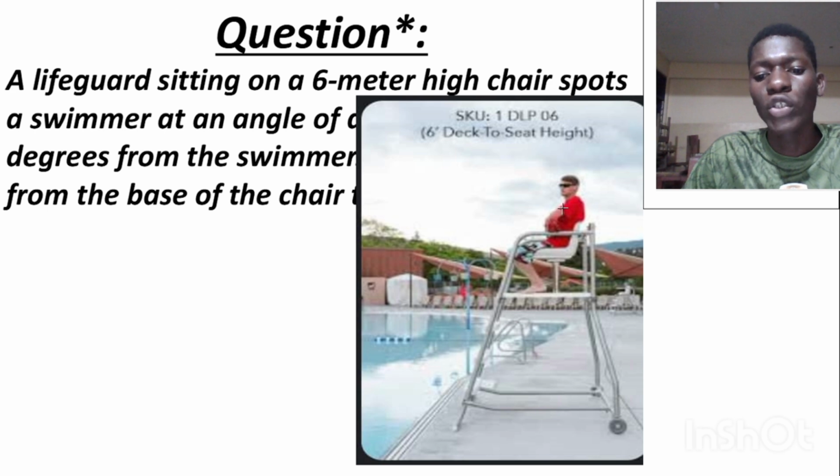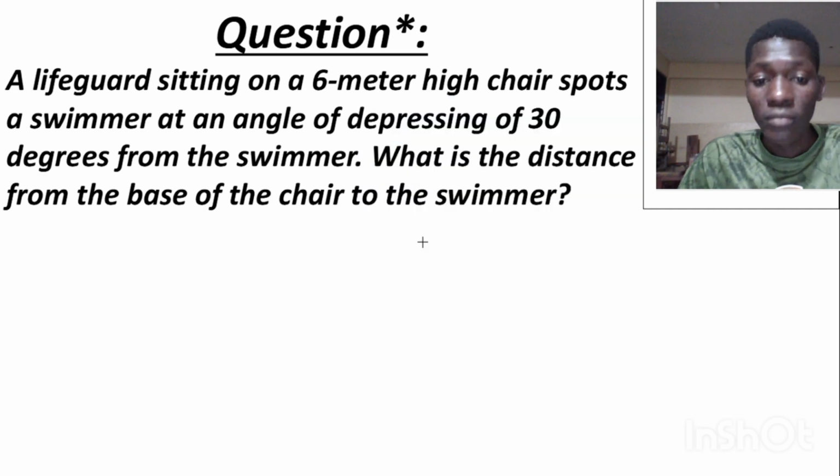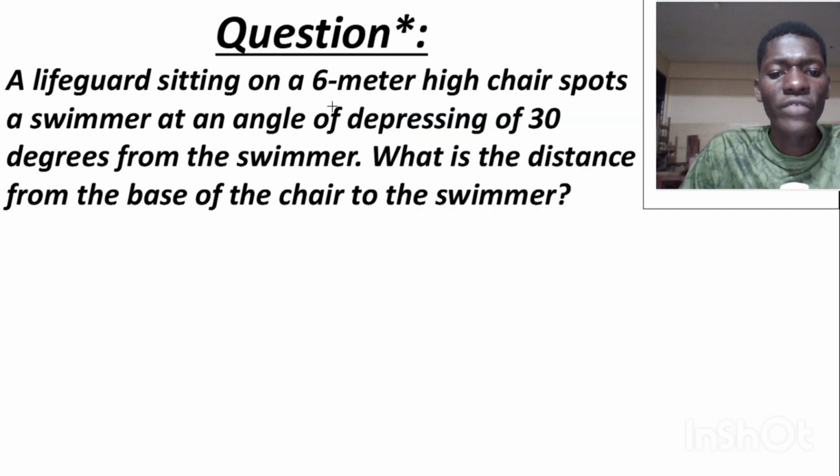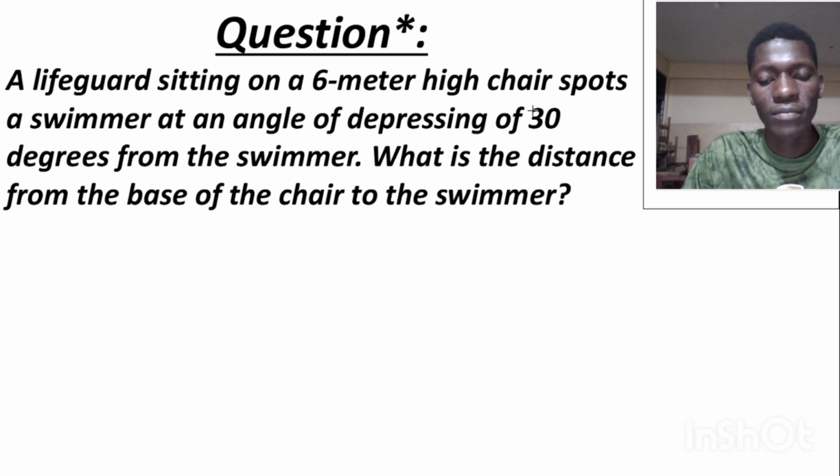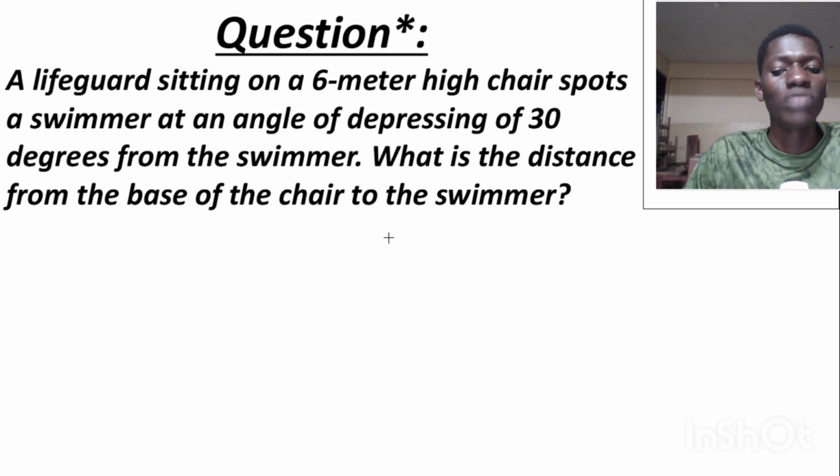And the lifeguard saw someone in this swimming pool, and the angle of depression from the lifeguard's eyes to the swimmer was 30 degrees. So what is the distance from the base of the chair to the swimmer?